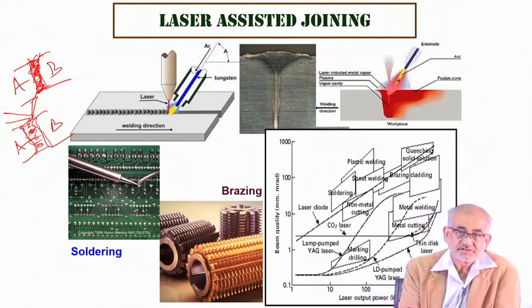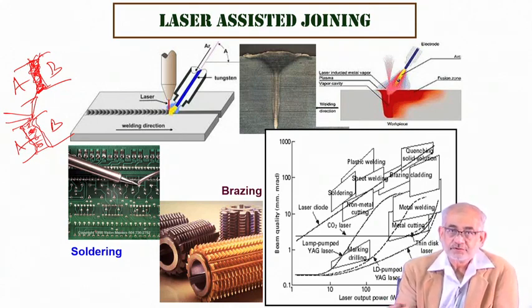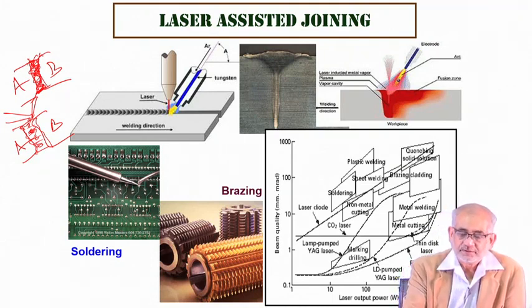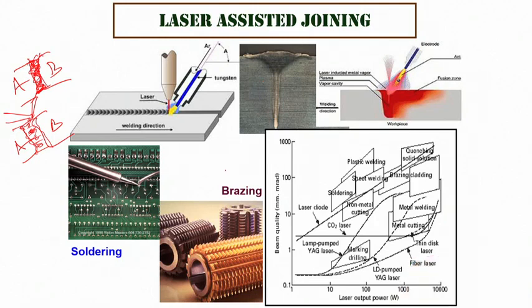But if the joining process requires melting or fusing the edges of the two solid pieces without necessarily requiring a filler metal, you call it welding. All these welding, brazing, joining can be done easily with laser. Here is a process chart in terms of the beam quality and the power that you're delivering, which allows you to do various kinds of joining activities.